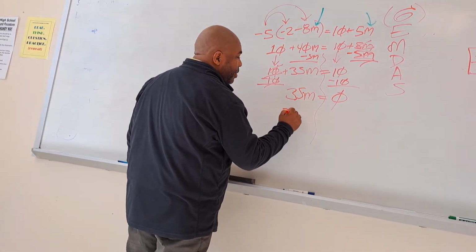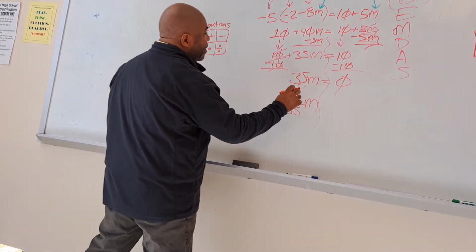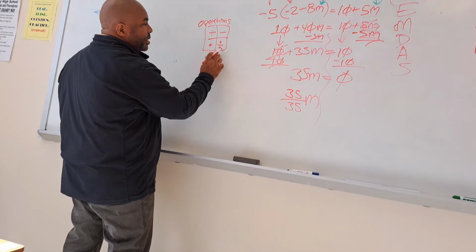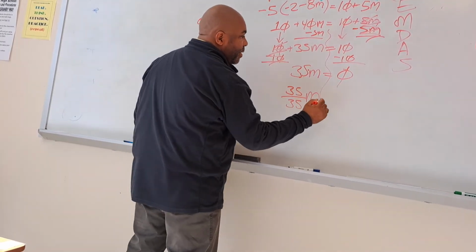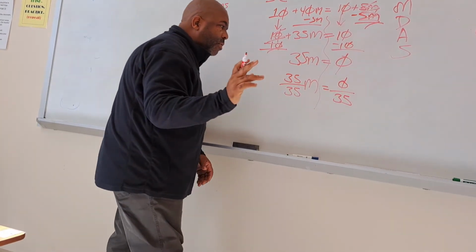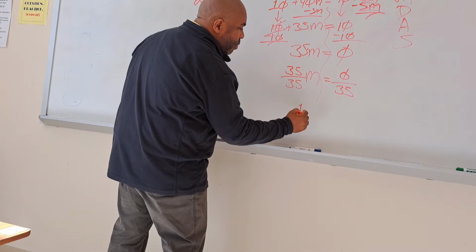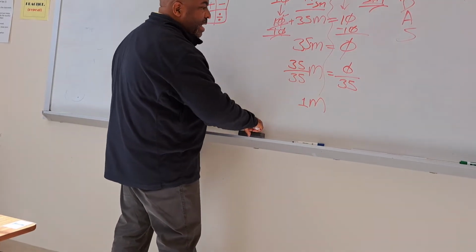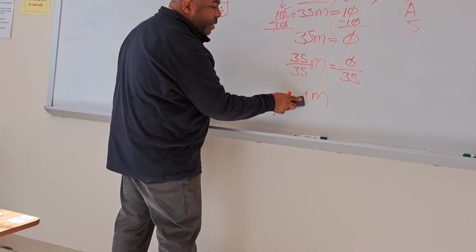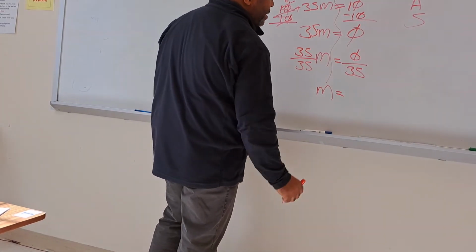So what I'm going to do is the inverse, because the inverse of multiplication is division. So I'm going to divide by 35 on both sides. And you already see this coming. 35 divided by 35 is 1. Whenever we have a variable, if the number is 1 in front of it, we don't write the number. Algebra is lazy that way.